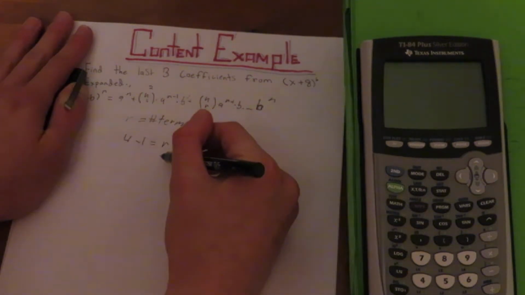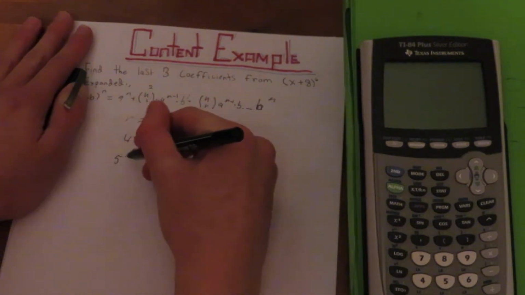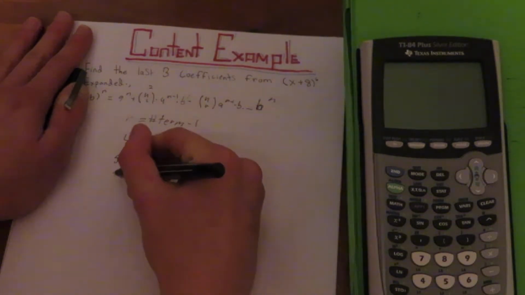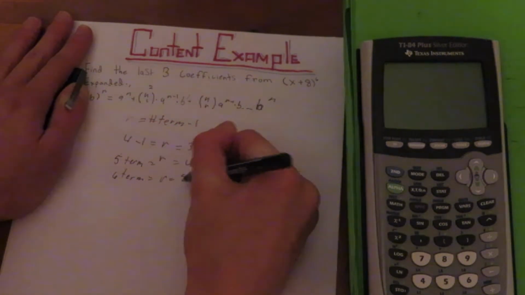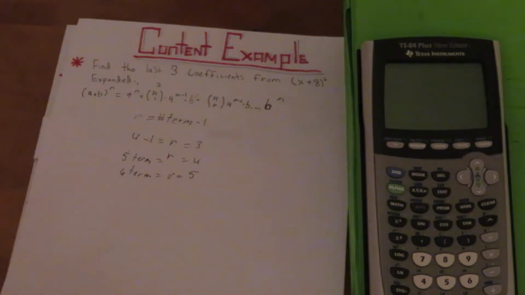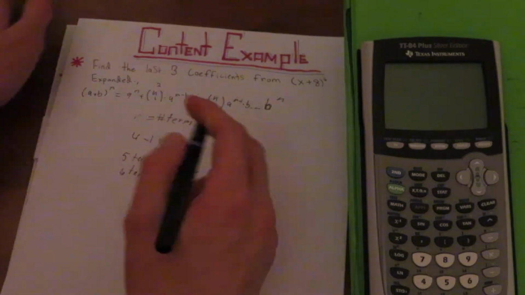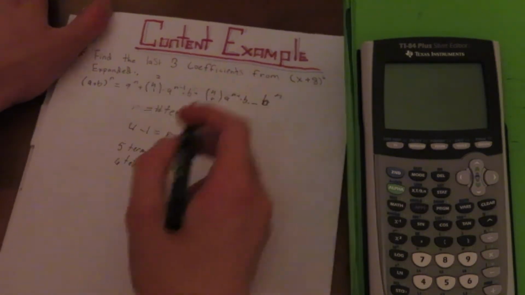And so that means for our 5th term, here I'll write right here, 5th term, r is equal to 4. 6th term, r is equal to 5. Okay, and so now that we have our r values, we have to find our n and our a and our b. And as we can see, this looks pretty similar.